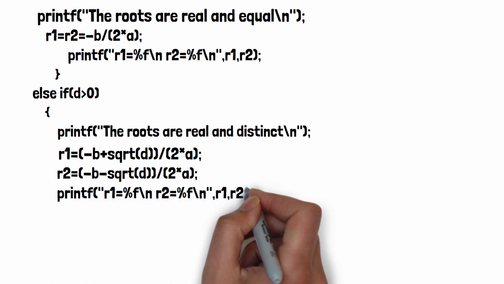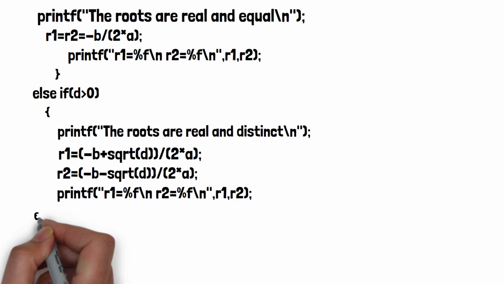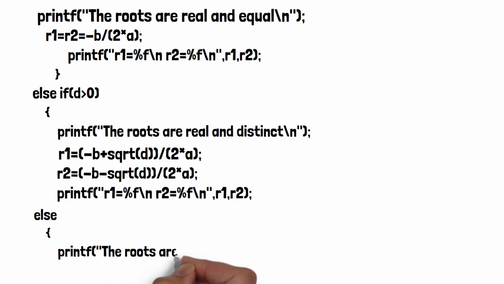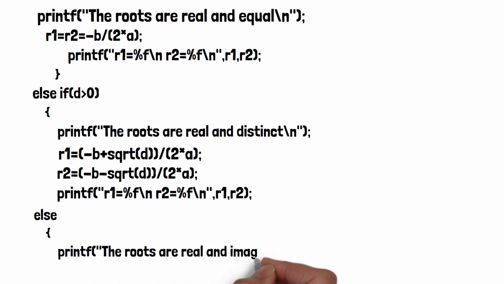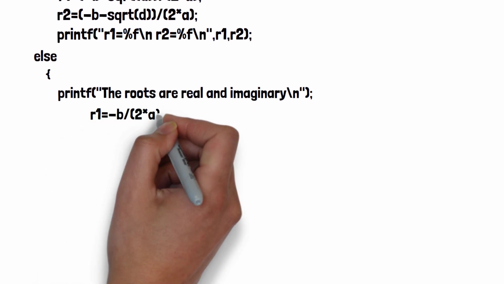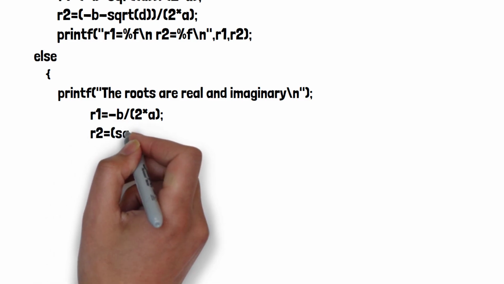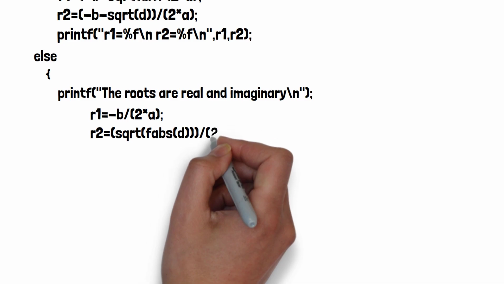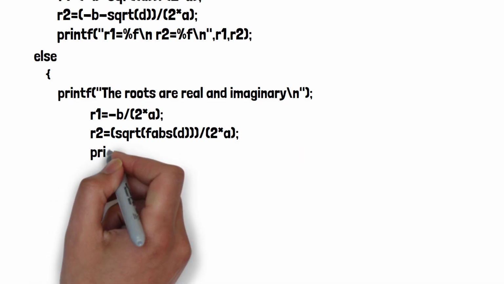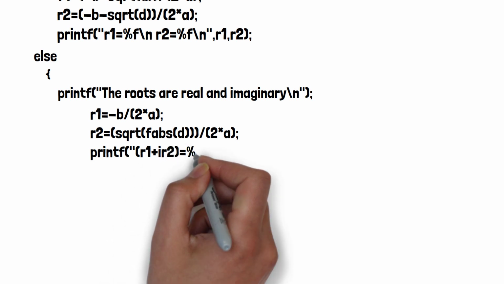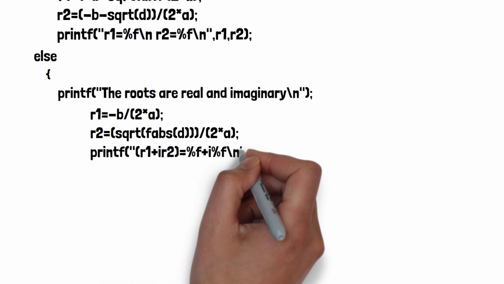And the last case is if D value is less than 0, then we are going to print the roots are complex and imaginary. And now we are calculating R1 as minus B divided by 2A and R2 as square root of fabs of D. We are using fabs of D since this B square minus 4AC will be negative, fabs will make it positive, and we'll calculate this value and store that in R2.